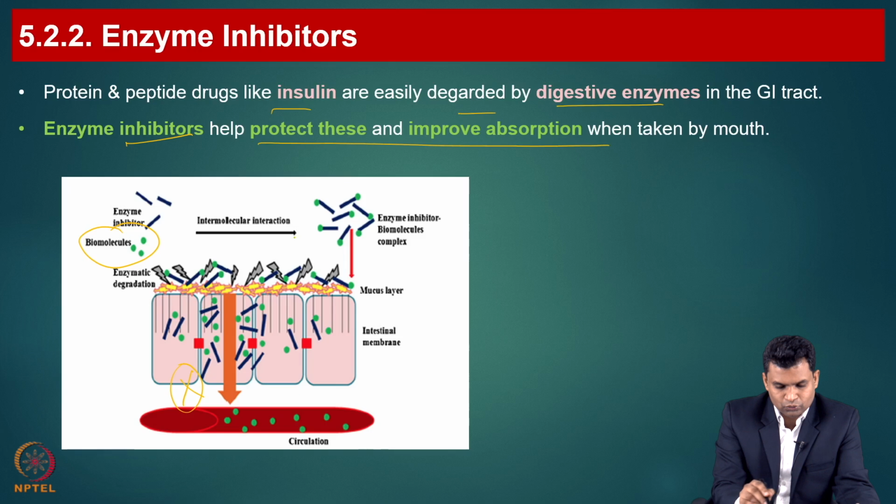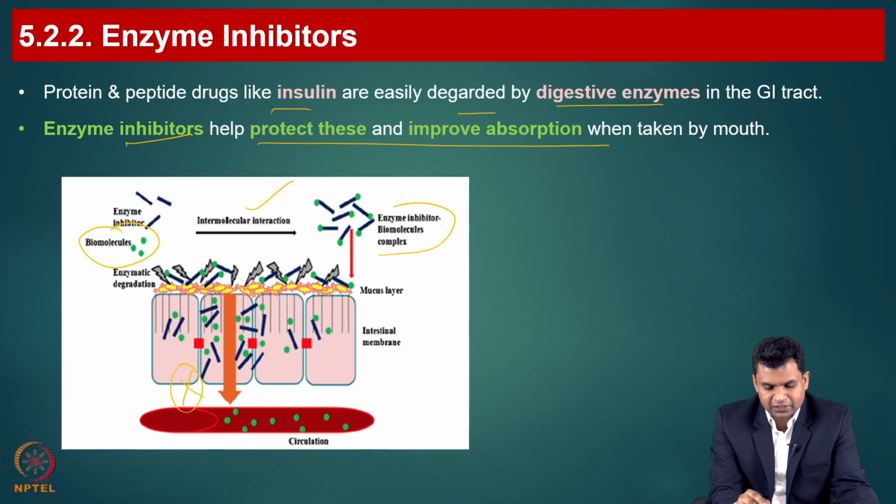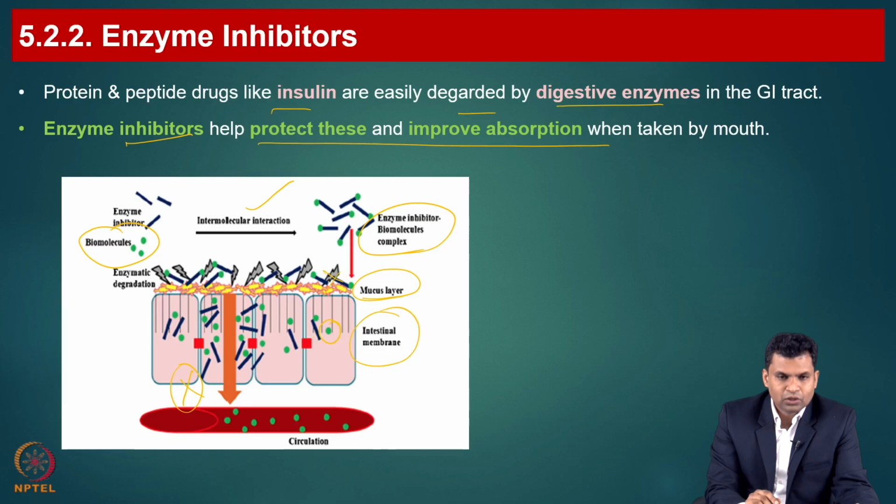When you conjugate or make the biomolecule with enzyme inhibitors, those inhibitors will act at the oral site, in the mucous layer, and inhibit all types of enzymes first. Then your molecule will come and be released through the intestinal membrane, and further it will reach the blood.